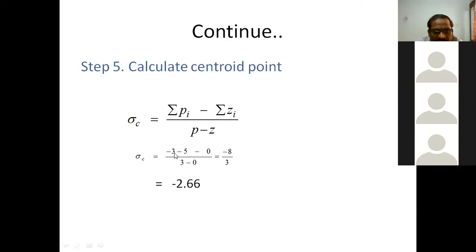The second pole is at -3, so its real part is -3. The third pole is at -5, whose real part is -5. So we take the summation of -3 -5, then subtract the summation of zeros. In the given sum, there is no zero, so its real part is 0. So in the numerator we have -3 -5, that is -8, upon 3. That gives -2.66 as the centroid point. Now this sigma c is equal to -2.66. You mark this point on the real axis, from where you will draw the three asymptote lines.